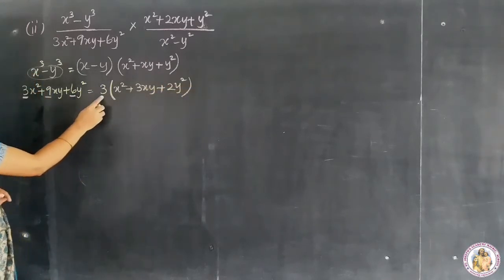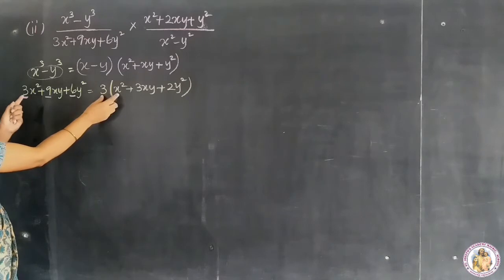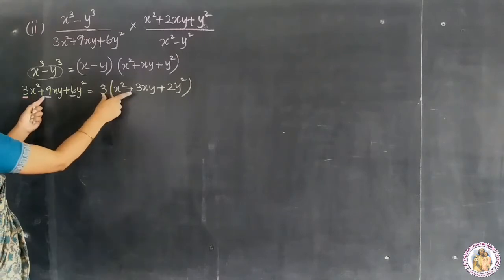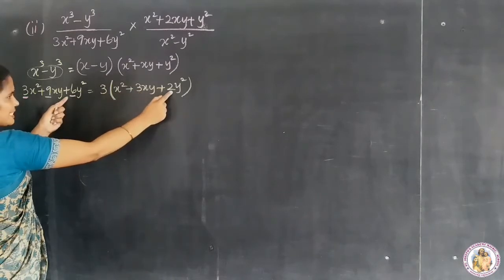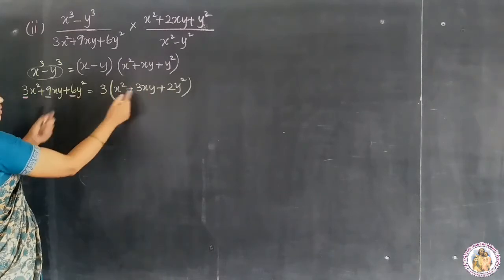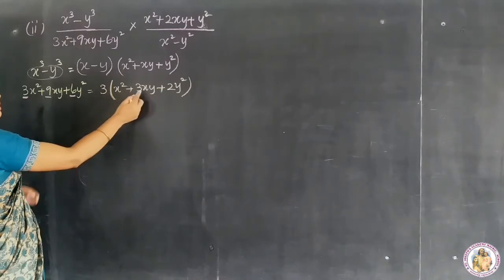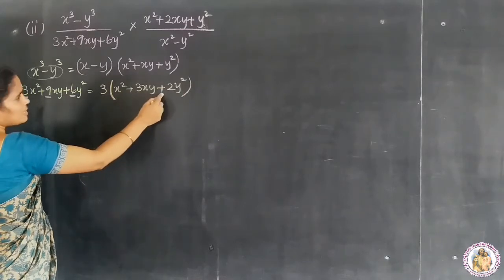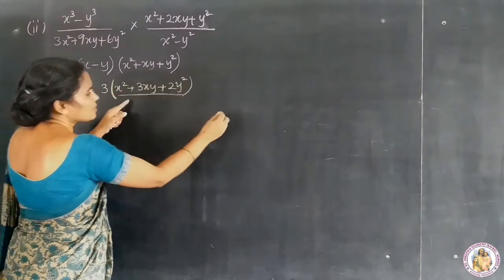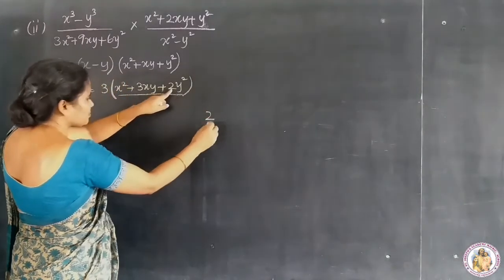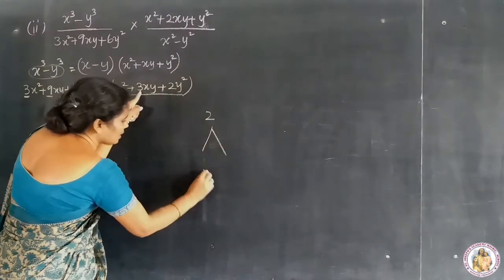So here we have 3 outside bracket. If you multiply this, again you must get 3x square. 3 into x square, 3x square plus 3 3s are 9xy plus 3 into 2 is 6y square. So a square plus ab plus b square. Okay. Now factorize 2 and we must get 3.